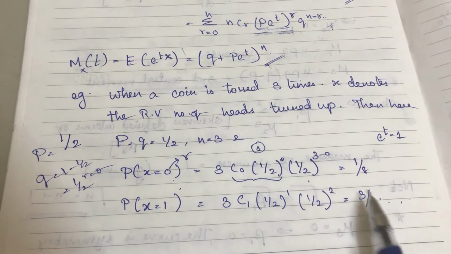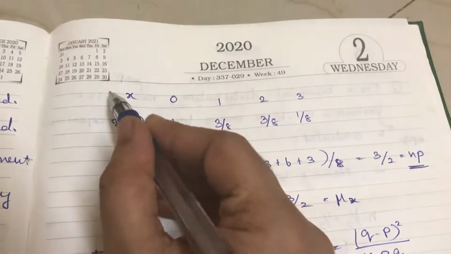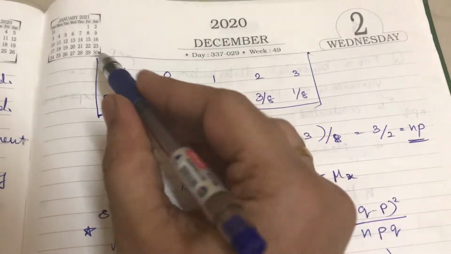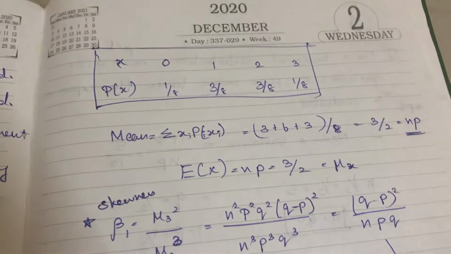P of x equal to 1 means 3 by 8. We can write these terms in a table.